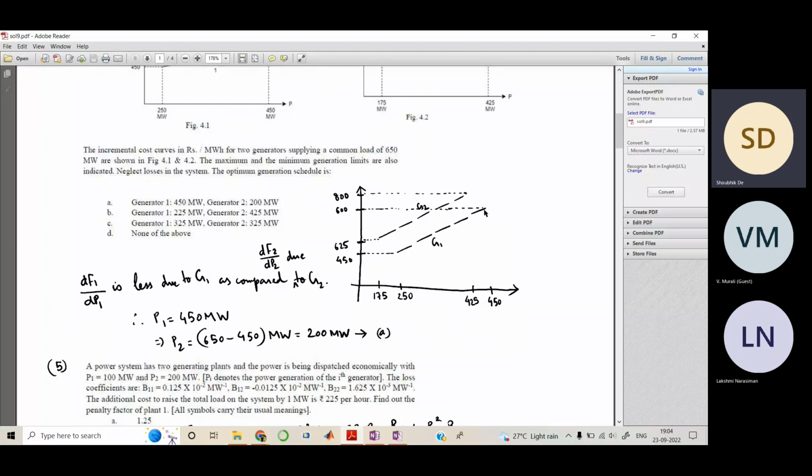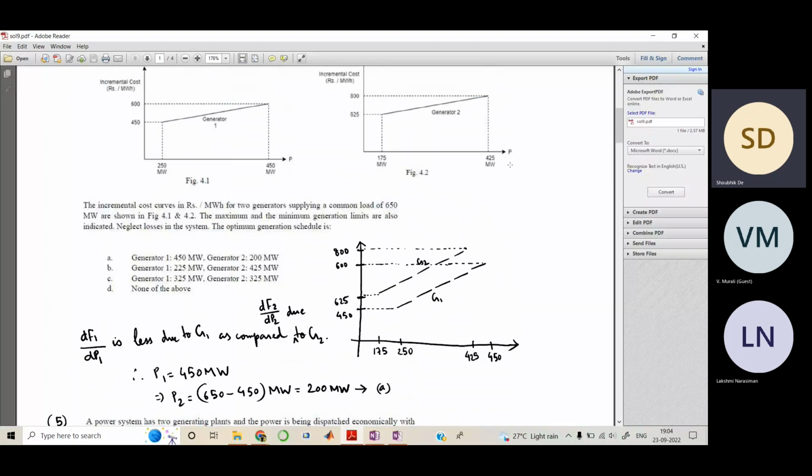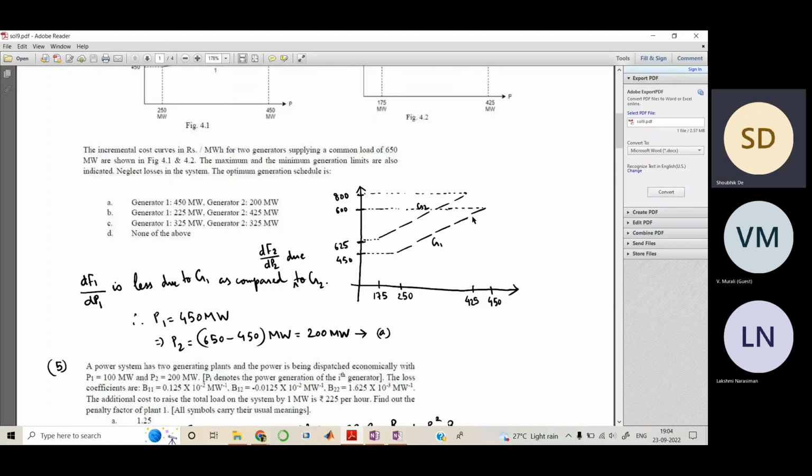The maximum of G1 is 450 megawatt, and the maximum of G2 is 425 megawatt. The incremental cost of G1 is less than that of G2, 600 and 800, and similarly for the minimum, 250 and 175, it is less too. So 450 and 625.